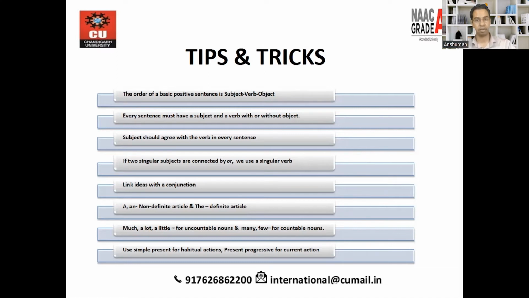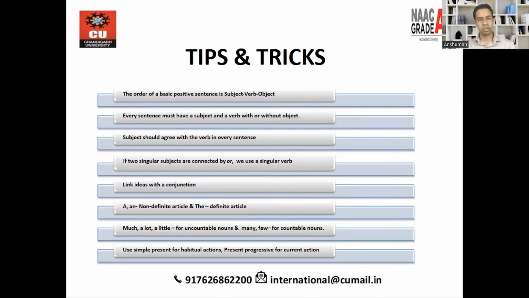For example, if a particular person is reading a book at the time of speaking, you will say, that person is reading a book. So is reading means it's currently progressive. So for a current action, we'll be using present continuous tense. For habitual actions which keep on going, we'll be using simple present.